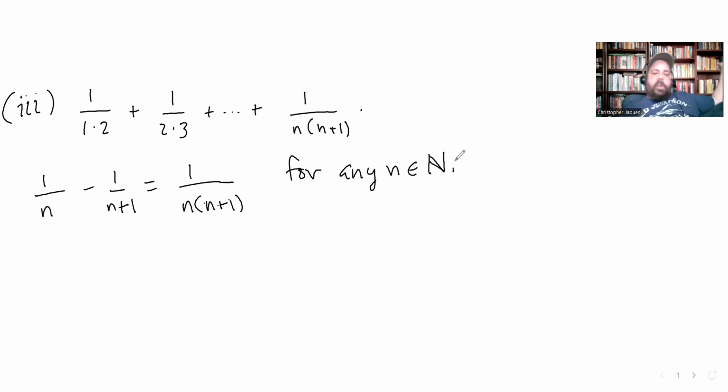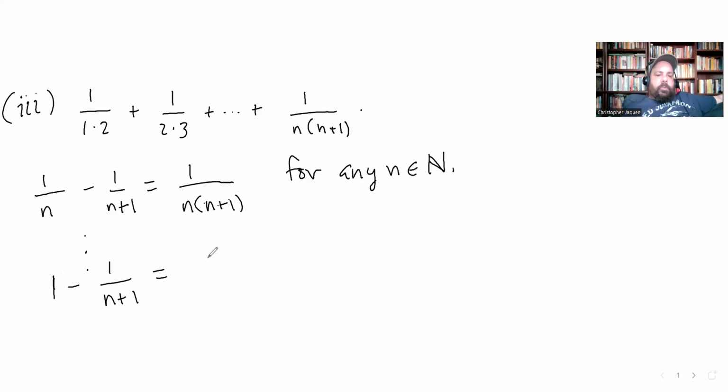And if you do a similar process, like, you take 1/2 minus 1/3, you get 1 over 2 times 3, and so on like that. You just keep going. You'll find that you get 1 minus 1 over n plus 1.